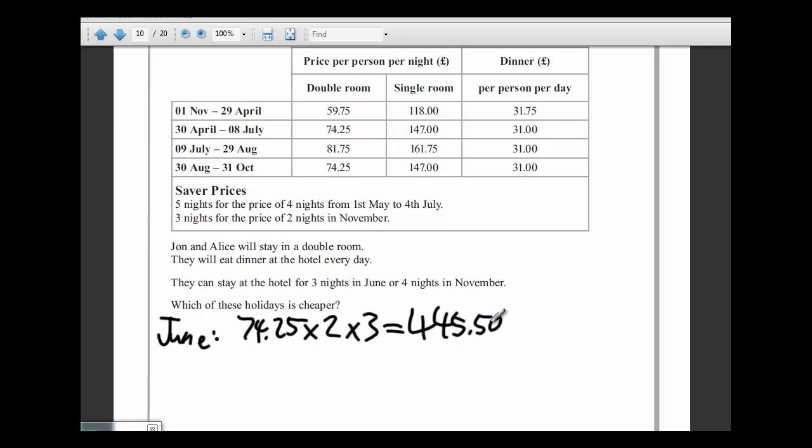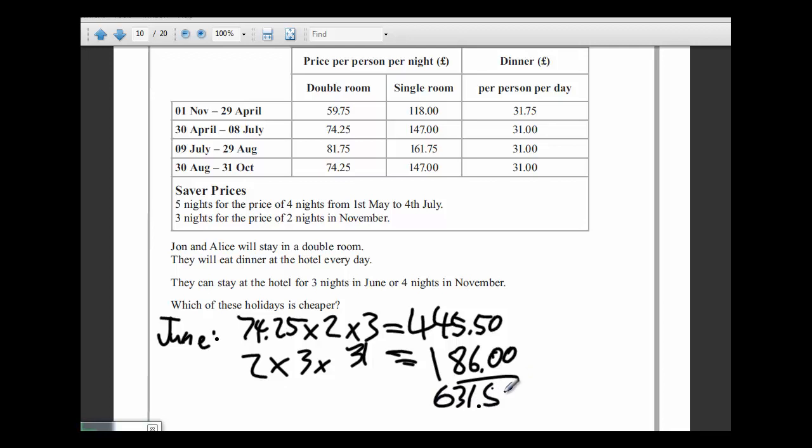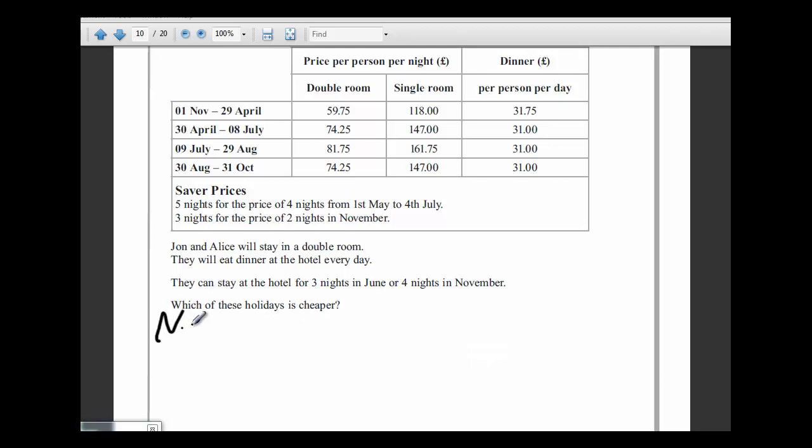The cost of 2 people eating dinner for 3 days is £186. Add those two together and we get £631.50 in June.